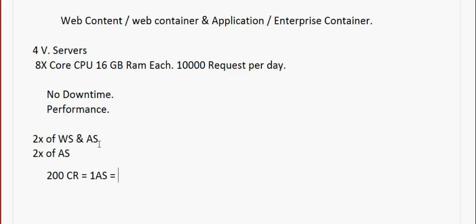So what happens here right now is I have one application server, which can go maximum till 10 or 15, because if you say 200 concurrent requests, at least 100 requests would be for my static content, and 50 requests could be for some JSP files, and 50 requests would be for my database.